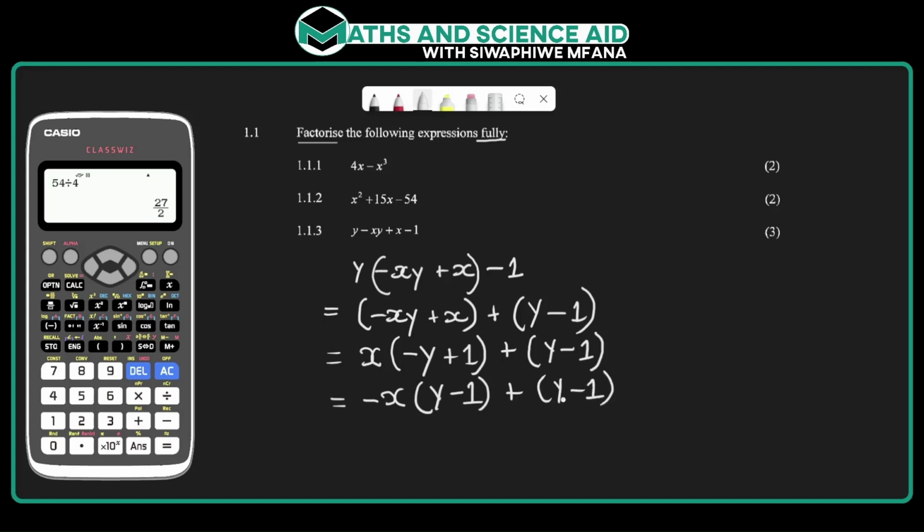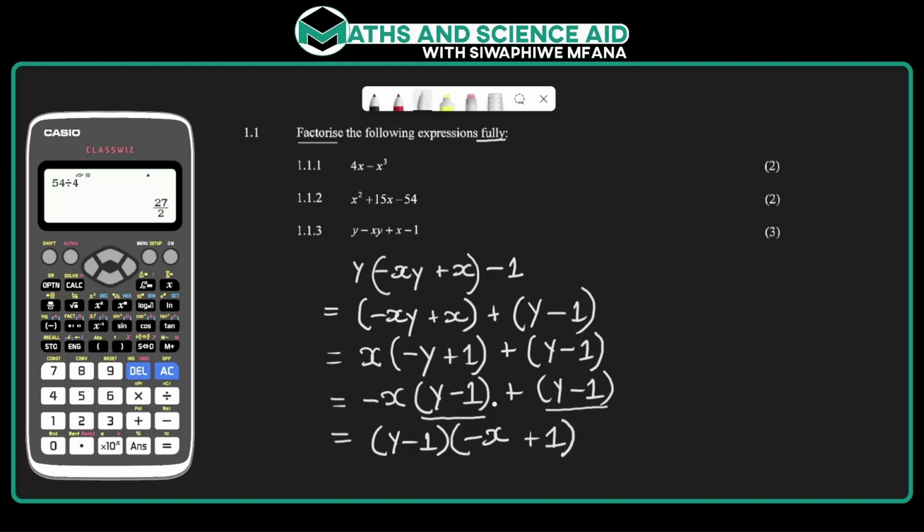Okay? And after this, you may already see, we now have a common factor of y minus 1 and y minus 1 between these two pairs. And so if we take this y minus 1 out as a common factor, we are only going to be left with negative x here. And for this one, we are going to be left with positive 1.